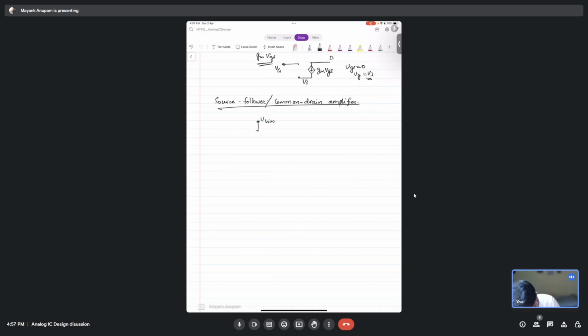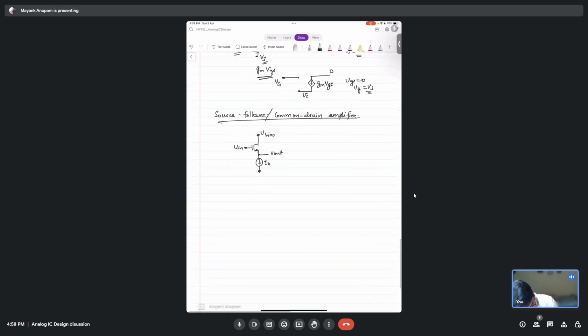Then you have a transistor here, and you have a current source here, some I naught. You put your input here, you get your output here. So what is this called? This is a common drain amplifier, isn't it? Correct. And what is the gain between this and this? Zero, because there is a current source here, isn't it?